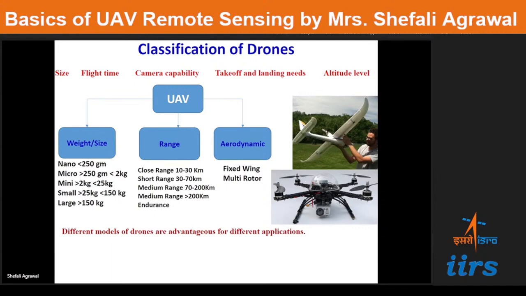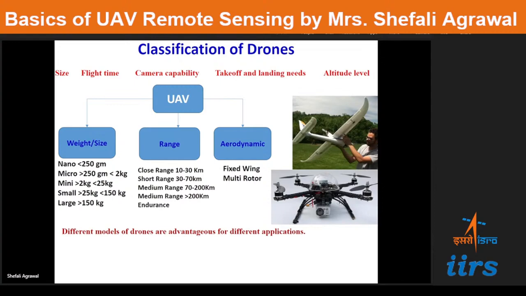But if you only have an RGB camera without many other sensors, then you can also have drones with less than 2 kgs and collect images with those.